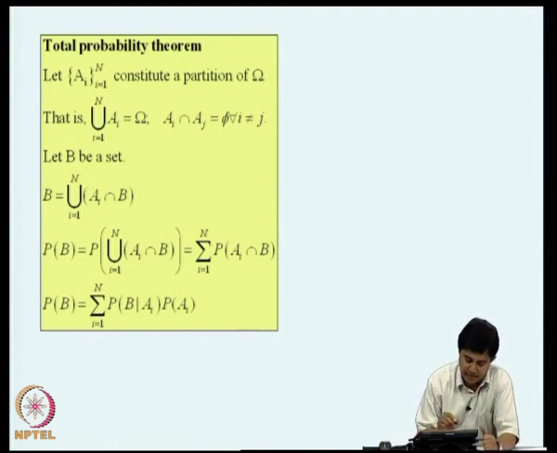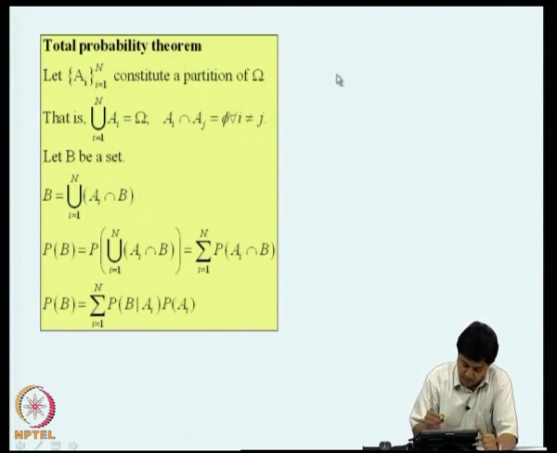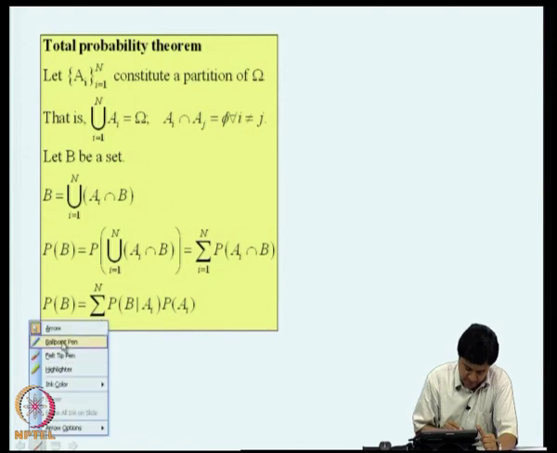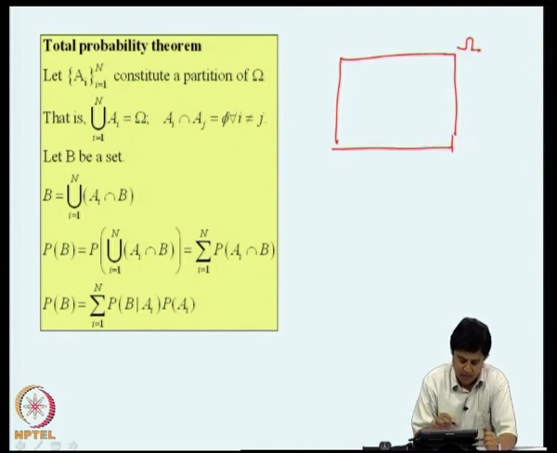Now we come to a useful theorem known as the total probability theorem. To explain what this means, we will again consider a sample space. We will consider subsets Ai, i running from 1 to n, and we demand that these subsets constitute a partition of the sample space.